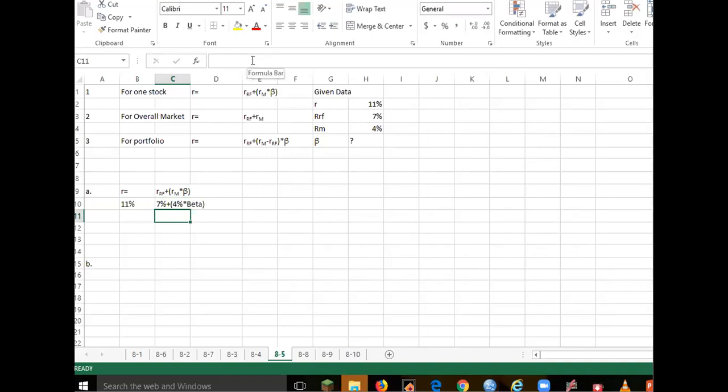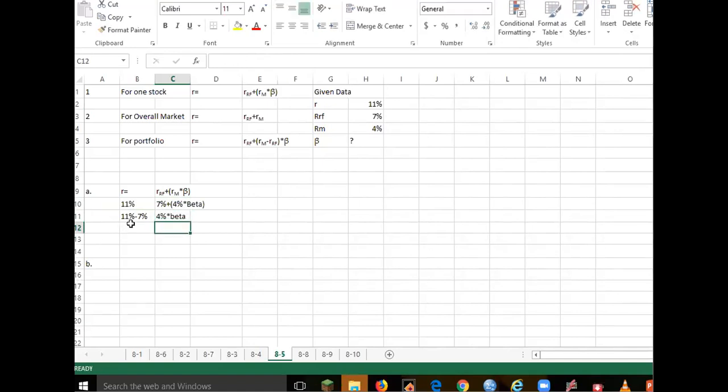By simple mathematical calculation, we can solve it easily. Here 11% minus 7% is equal to 4% into beta.